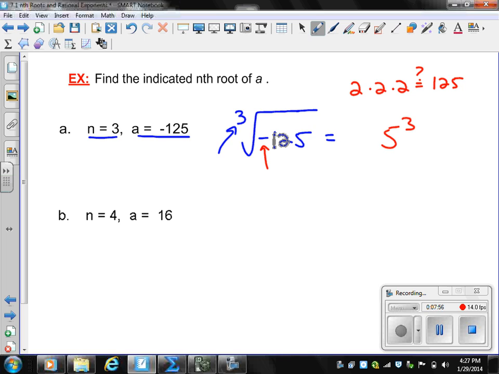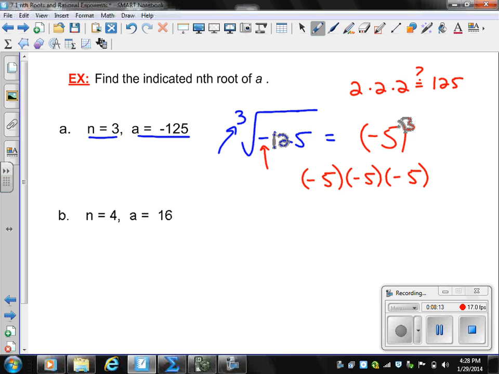So maybe it's something as simple as making that a negative 5 cubed. Well, I'm going to check this and make sure that this works. So does negative 5 times negative 5 times negative 5 equal negative 125? So let's check out what's happening with all these negatives. Well, there's an odd number of negatives, so I can cancel the first pair of negatives, and I'm left with this other negative there.